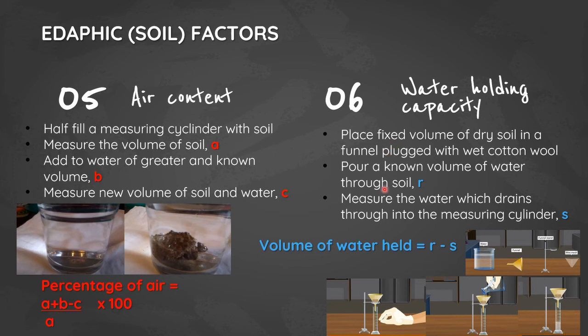The volume of water that would have been held in the soil would be 50 minus 25. So 25 mils of water would have been held as it passed through the funnel. So the volume of water held can be found by finding the difference of the volume of water before you passed it through the soil with the volume of water that collected in the measuring cylinder.